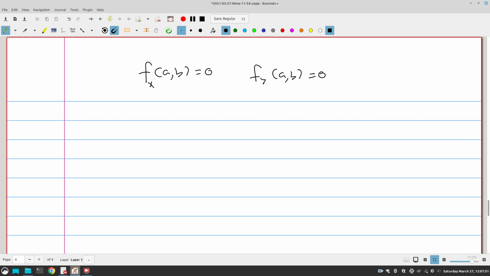And you want to find, what do you want to find? You want to find the nature of these critical points, right? So you know that (a, b) is a critical point, but you want to find the nature of this critical point, right? So we set up something called the Hessian of f at (a, b).